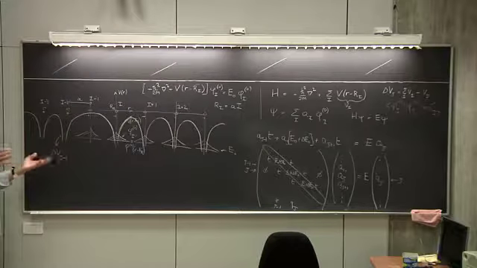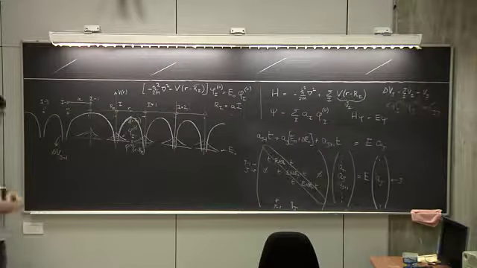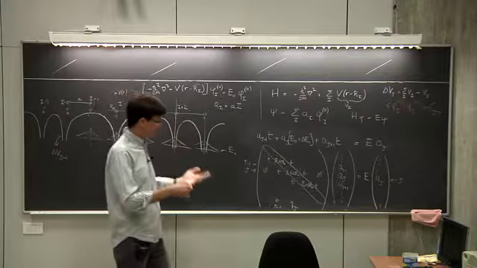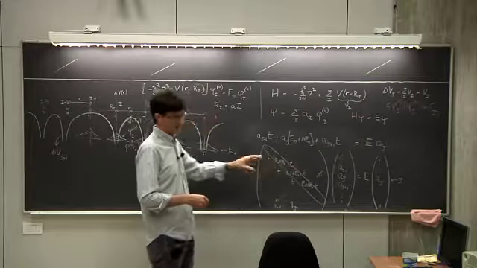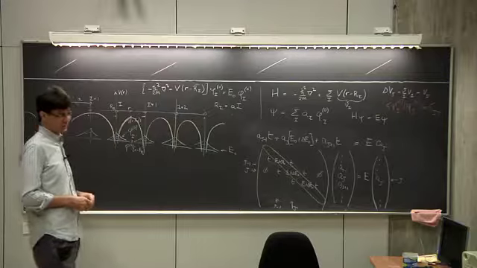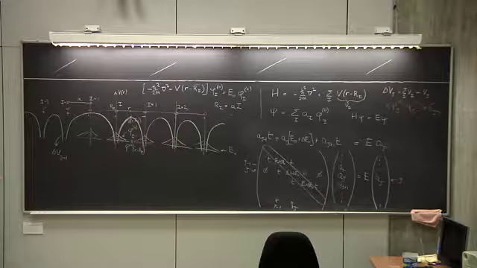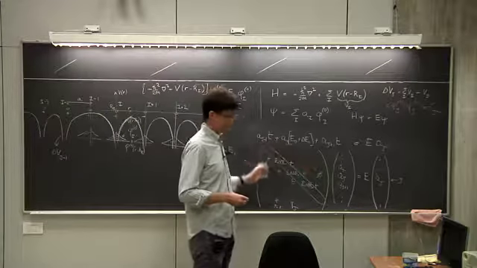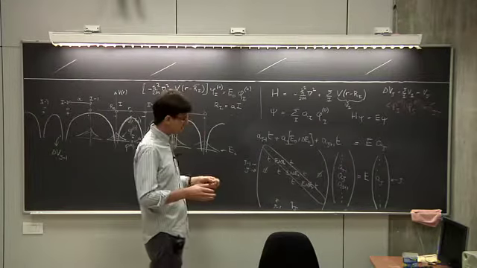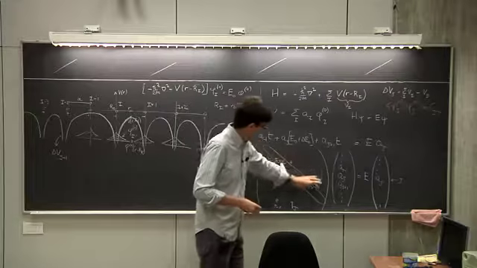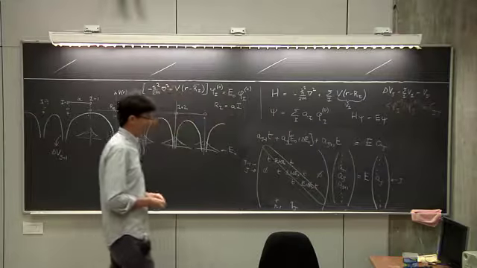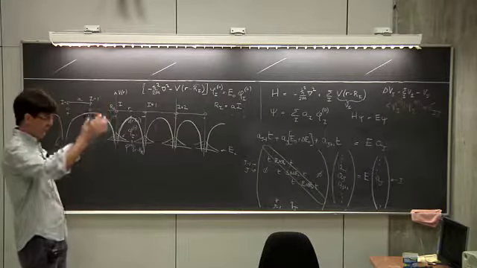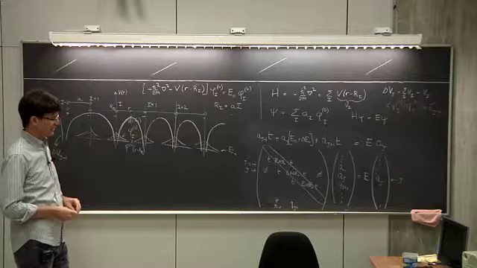All the other elements are zero. Okay, so it's a very simple Hamiltonian. It's not a Hamiltonian that fills infinity by infinity where all the elements are non-zero. They are non-zero only along a very, very narrow range close to the diagonal, if you see it, of course, as an infinity by infinity matrix.